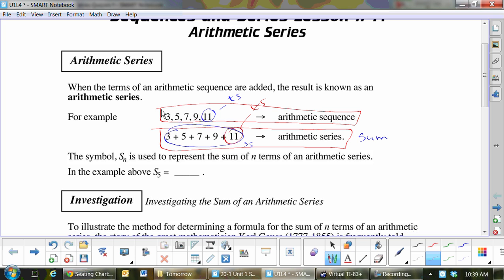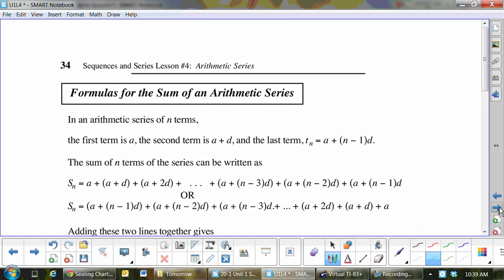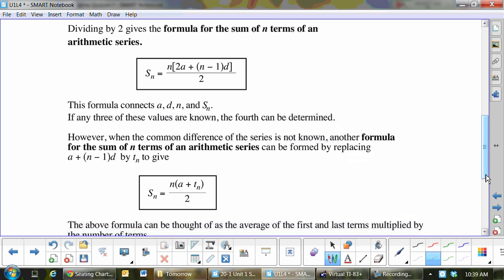Now, I'm not going to go through and show you how the formulas are made, but I want you to turn to the next page and go down to the bottom of the page and look at these two formulas. Here is the formula to find the sum of all the terms. Here is another formula that tells you the sum of all the terms.